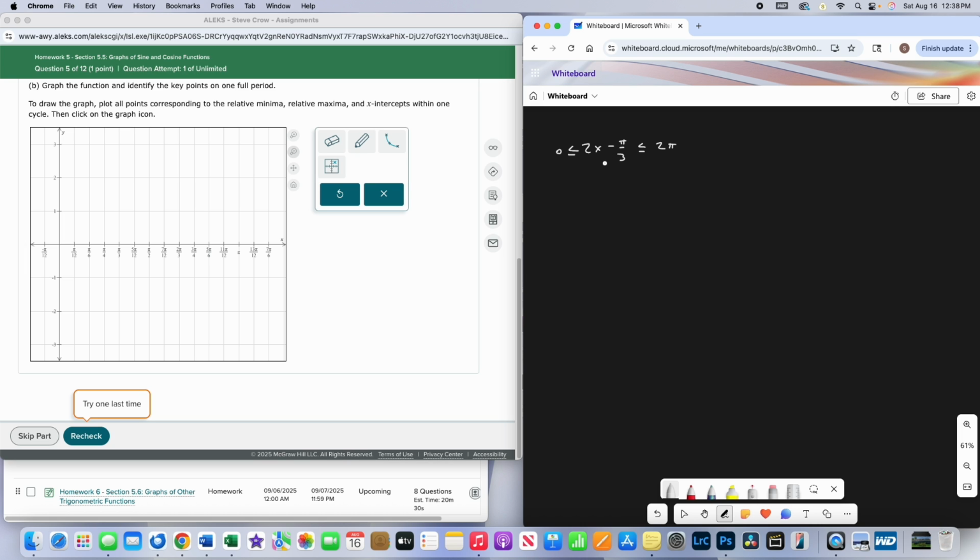All right, and then what I want to do is solve for x. So I'm going to add pi over 3 to all three parts.